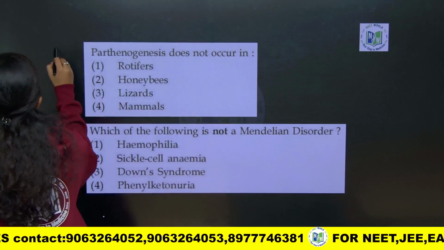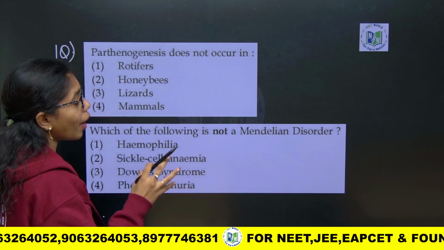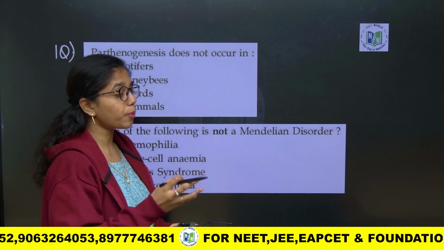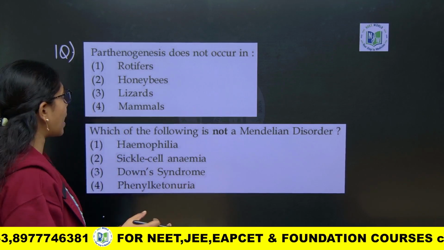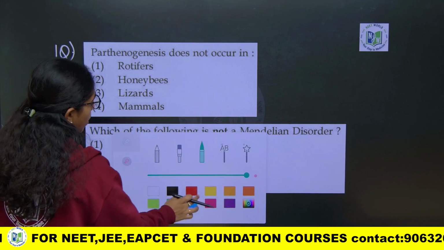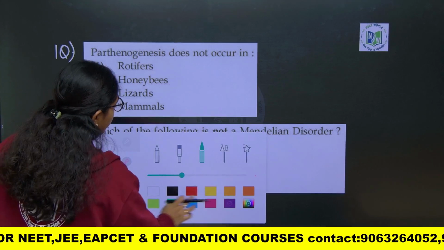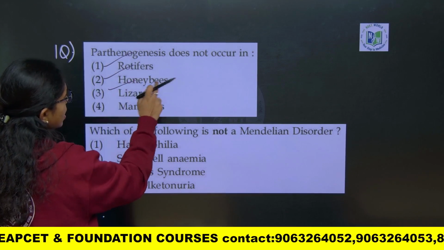So yes, if you look into the first question, parthenogenesis does not occur in. Parthenogenesis is production of offspring without fertilization. Parthenogenesis is possible in organisms like rotifers, honeybees, lizards.